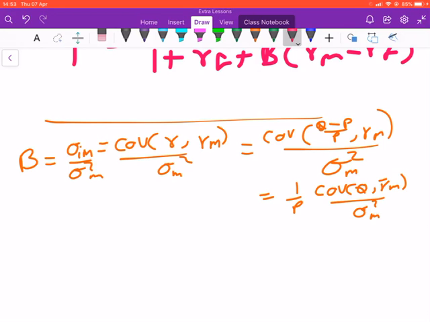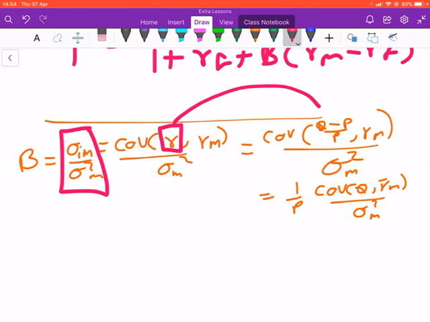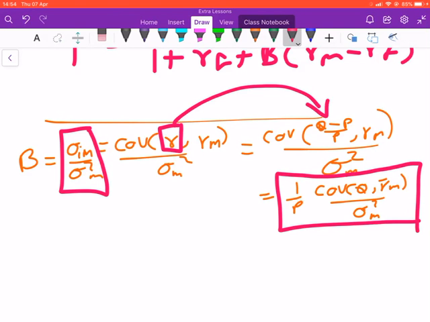Another thing about the pricing formula is that we know beta is equal to the covariance of the asset and the market over the variance of the market returns, right? And we know that the returns can be calculated like this, right? So we can change our equation for beta.